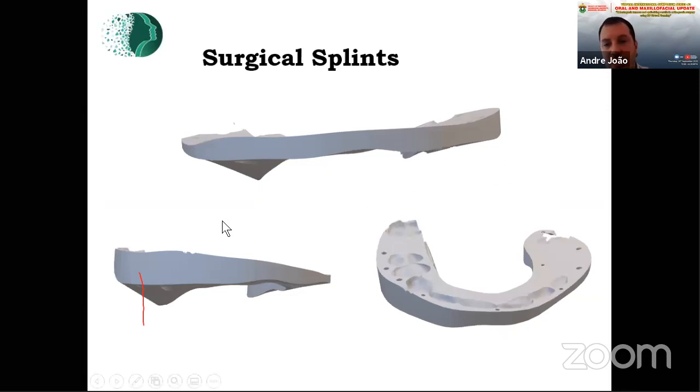For those who know orthognathic surgery, we usually have a thicker splint, the intermediate splint, and a thinner one. But here you can see my intermediate splint was thin, and the final splint was this huge piece here, because I had to leave the teeth out of occlusion. And here's the result.